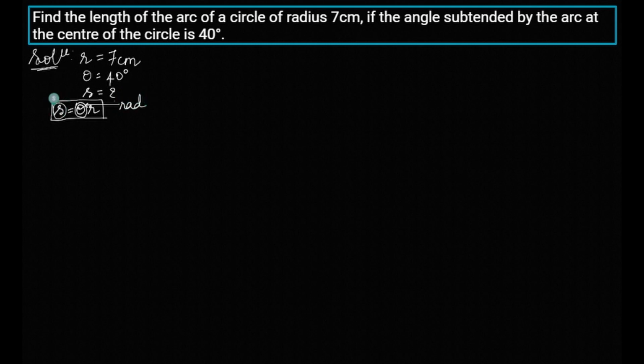First, before that, let us convert theta into radians. We know that pi radians is equal to 180 degrees. So how much is 40 degrees in radians? Let this be x. When we cross multiply, we get x is equal to pi radians into 40 degrees divided by 180 degrees.